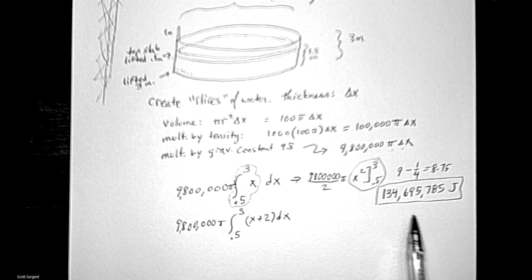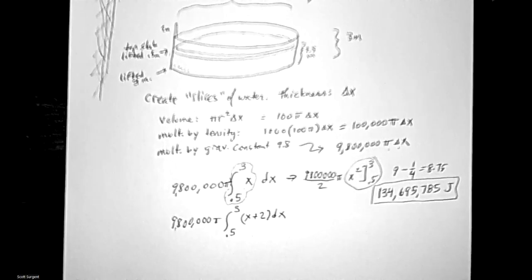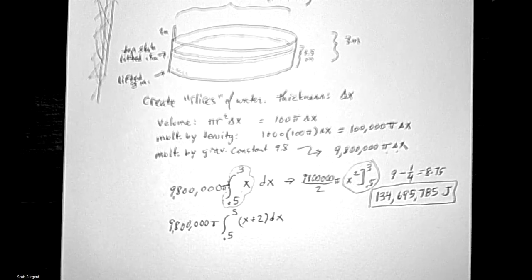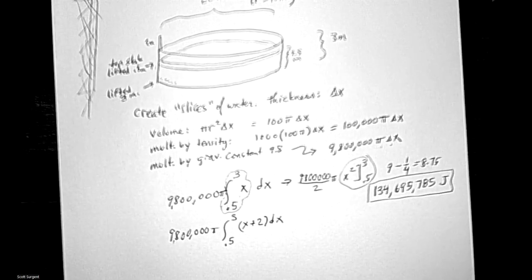And again, this is a big value, but then again, this is a big pool. Water is heavy. Think about 1,000 kilograms for a cubic meter of water. That's over a ton. So I would expect it to require a lot of joules to lift up that water.